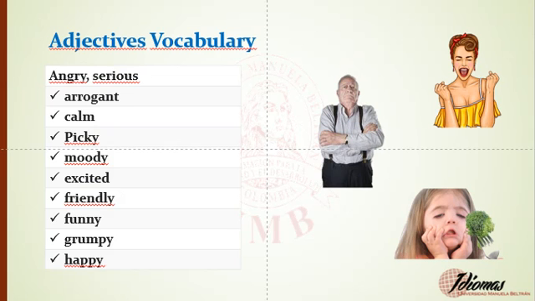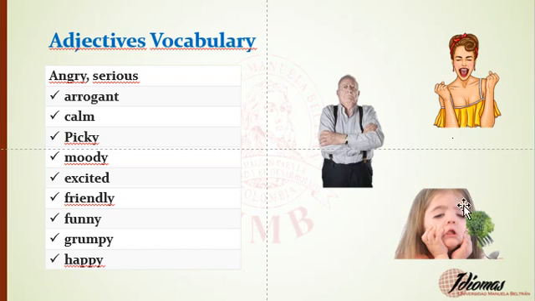Let's continue then. Let's talk about adjectives. You know that an adjective is a word that describes a person in this case. We were talking about our family, for example. And now we have some adjectives to describe some people.